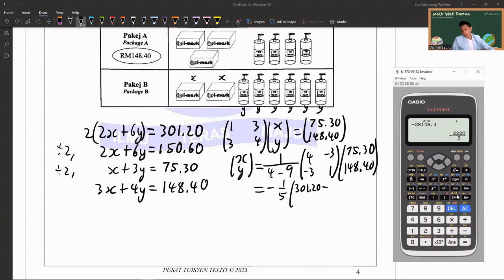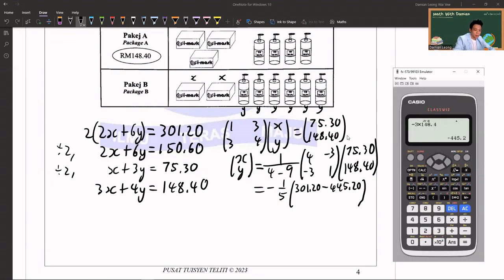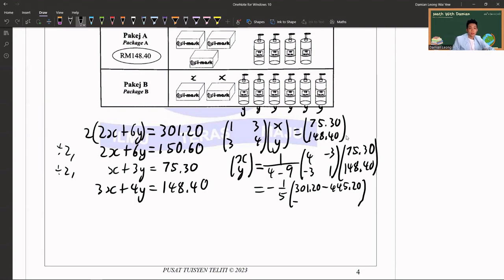Negative 3 times 148.4, minus 445.20. This one, negative 3 times 75.3, negative 225.90 plus 148.40.